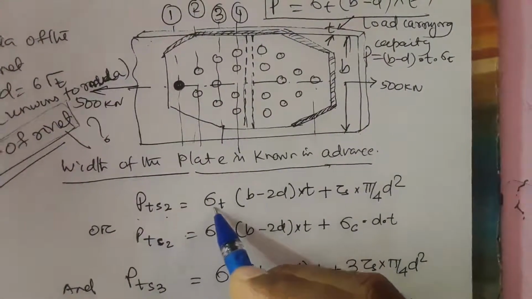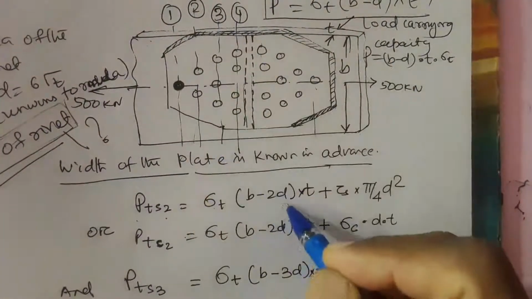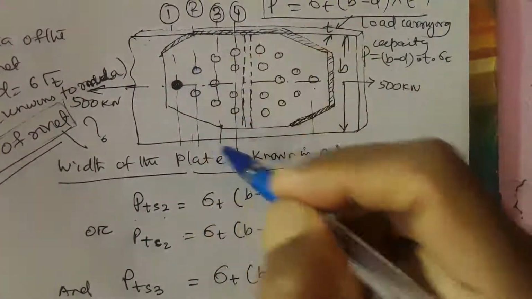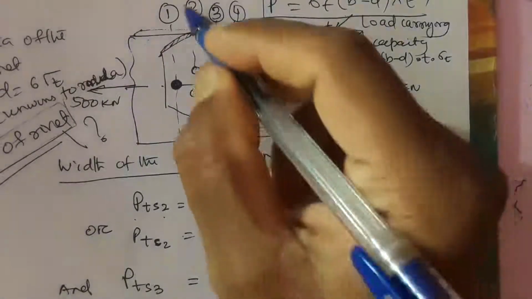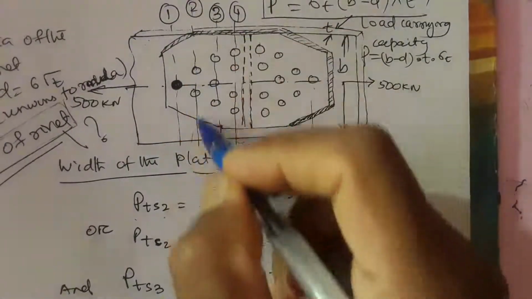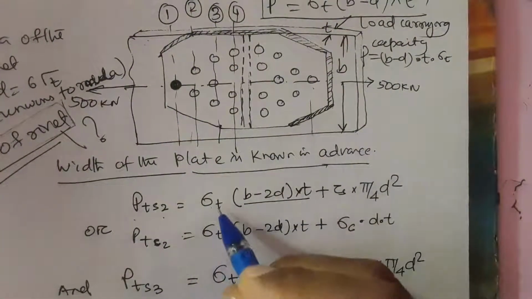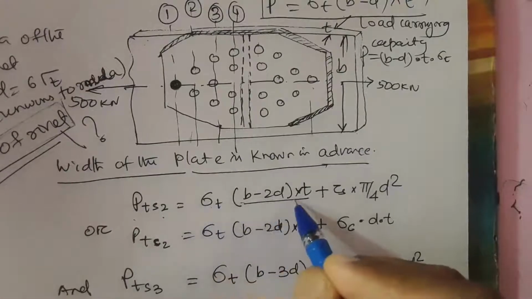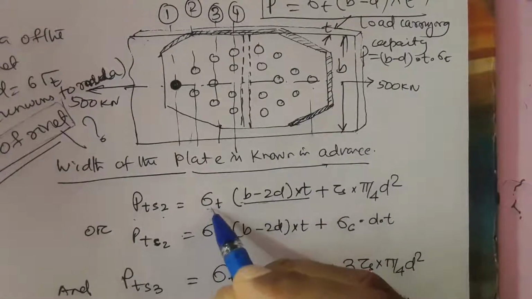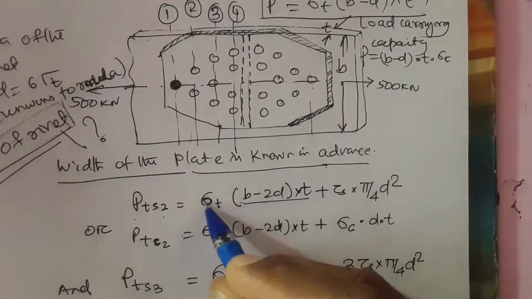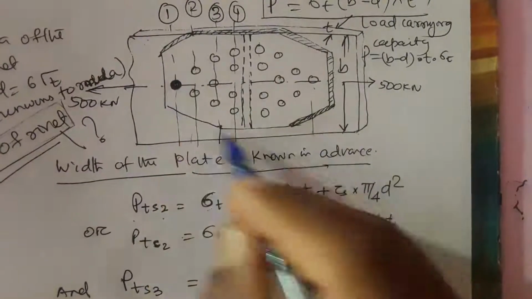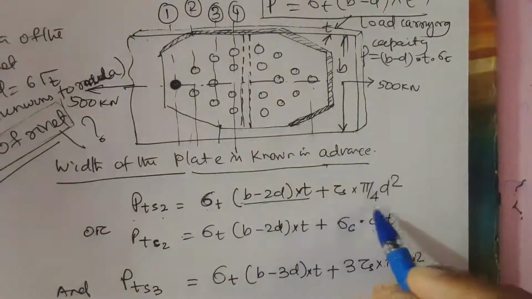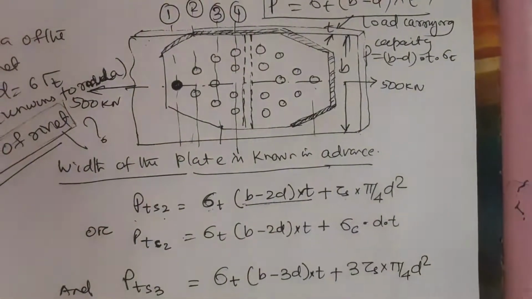That is sigma T into (B minus 2D) into T, because D here, and (B minus 2D) into T is the area of cross section at this section into thickness. This is the area, (B minus 2D) into T, into the tensile strength of the plate, plus the shearing strength of this rivet at section 1, that is pi by 4 d square into this.